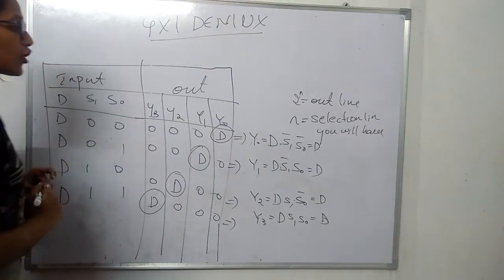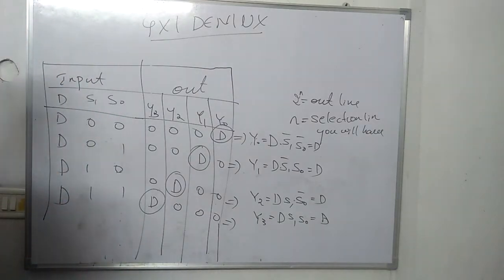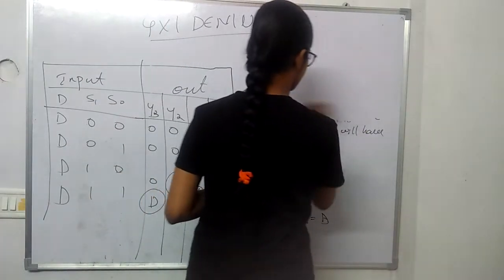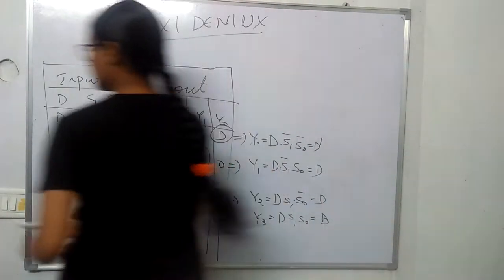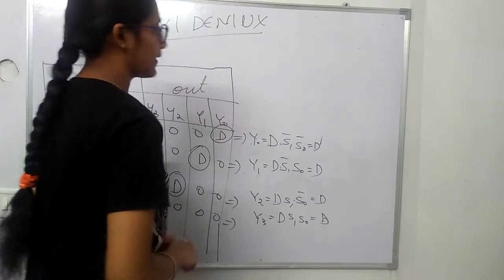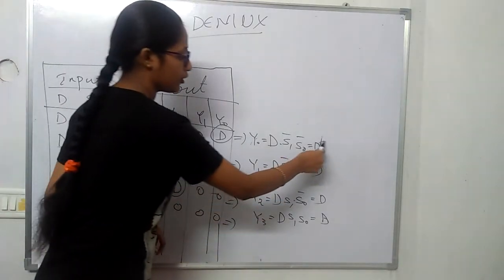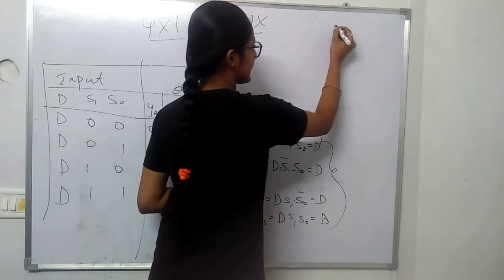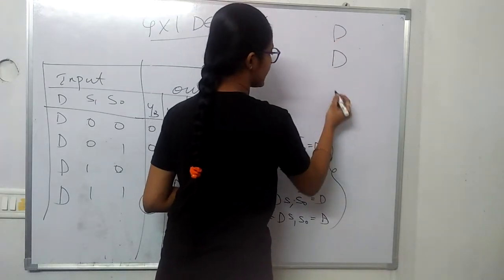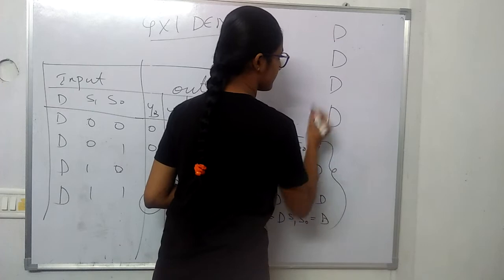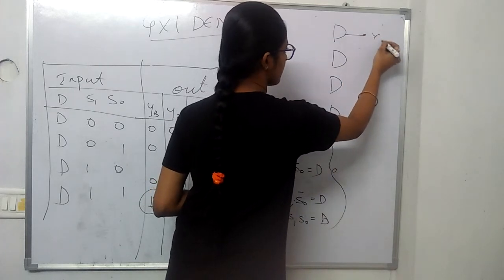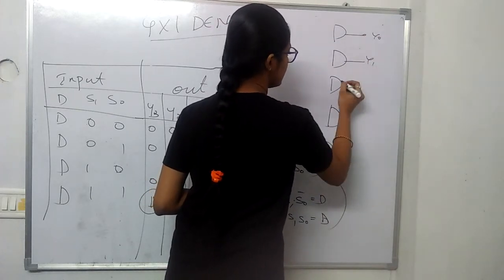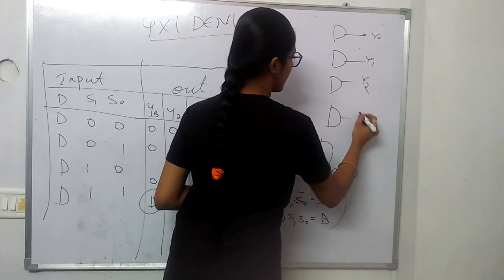Let's look at its logic diagram, how it is going to be. As we have four outputs, we will get them at AND gates: Y0, Y1, Y2 and Y3.